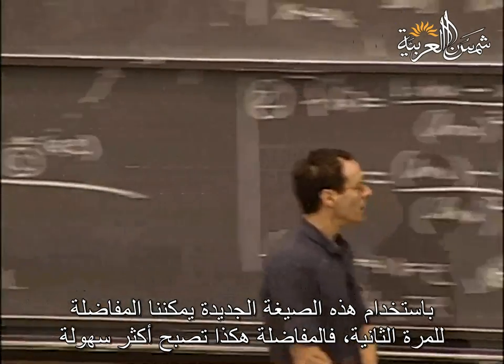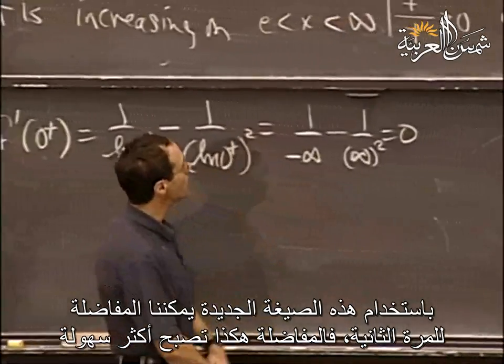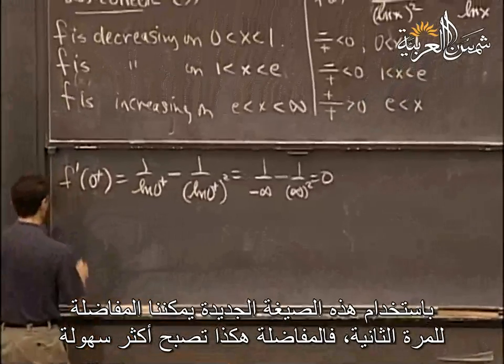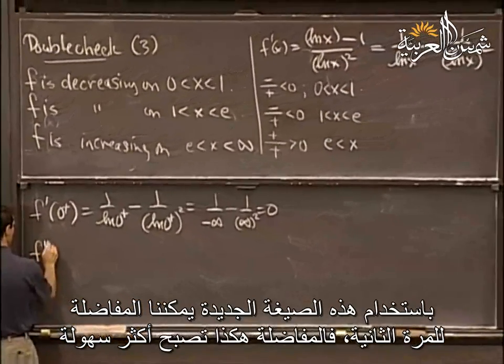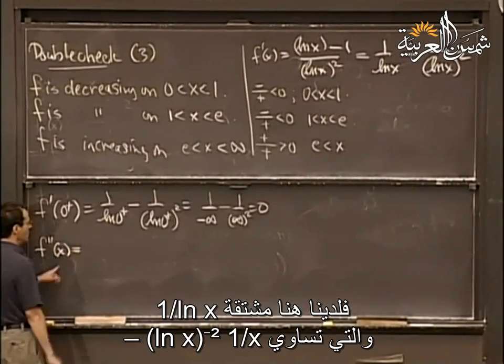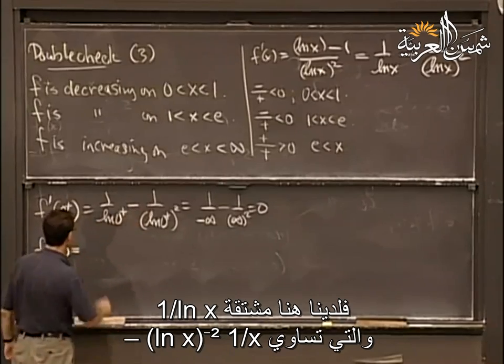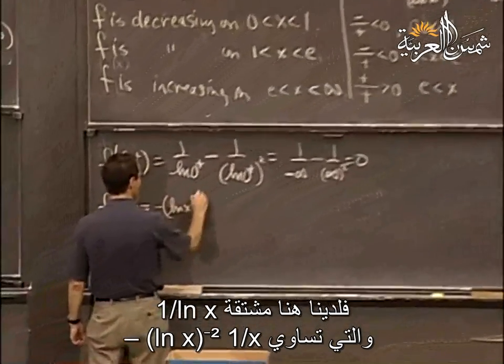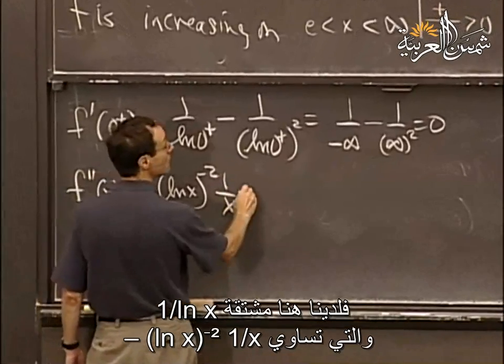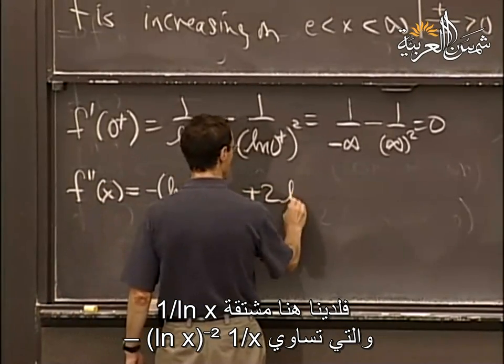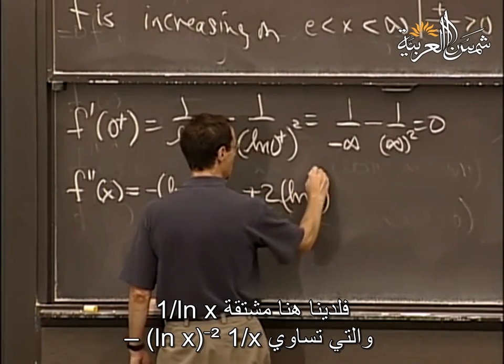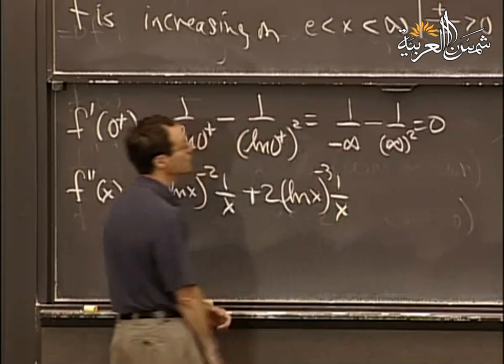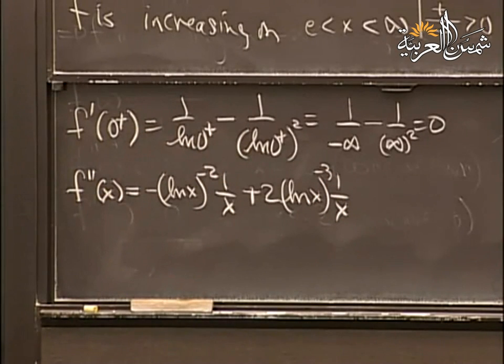Now, with the help of this second formula, I can also differentiate a second time. So it's a little bit easier to do that. If I differentiate 1 over the log, that's minus log x to the minus 2 times 1 over x plus 2 log x to the minus 3, 1 over x. All right?